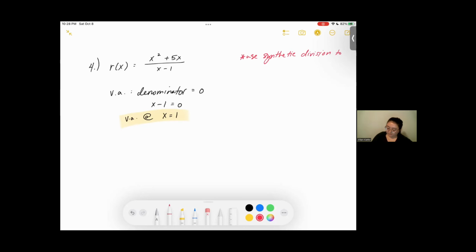To divide x squared plus 5x by x minus 1 in order to get the slant asymptote.